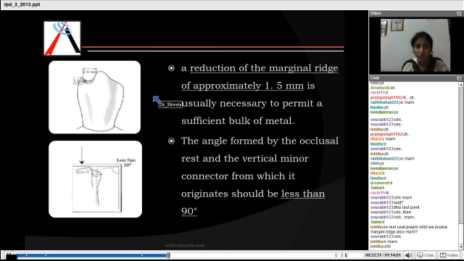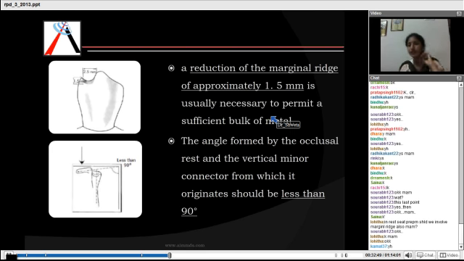See, a reduction of a marginal ridge of approximately 1.5 mm is usually necessary to permit a sufficient bulk of metal. So, you need to reduce the marginal ridge by about 1.5 mm. Now you got it?